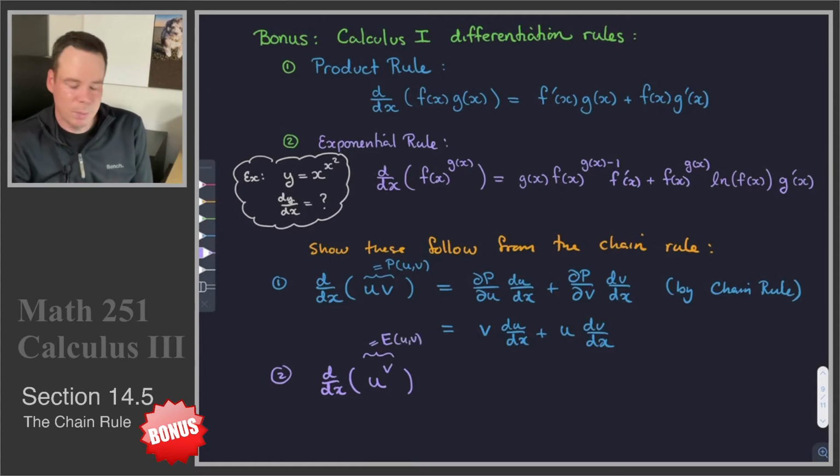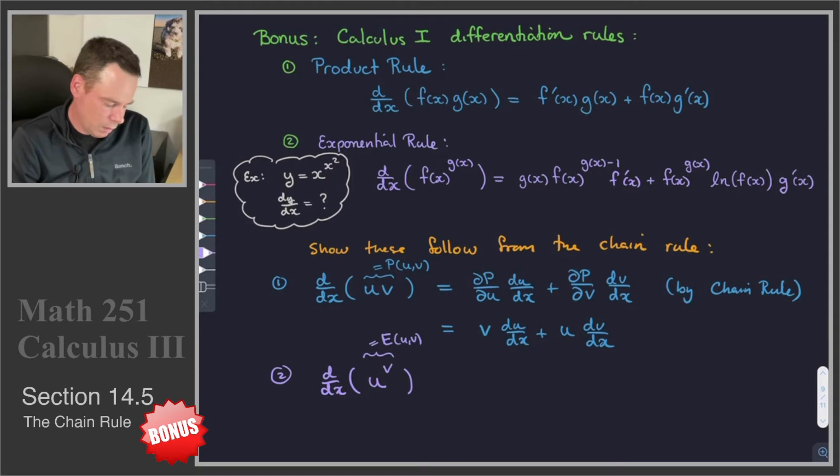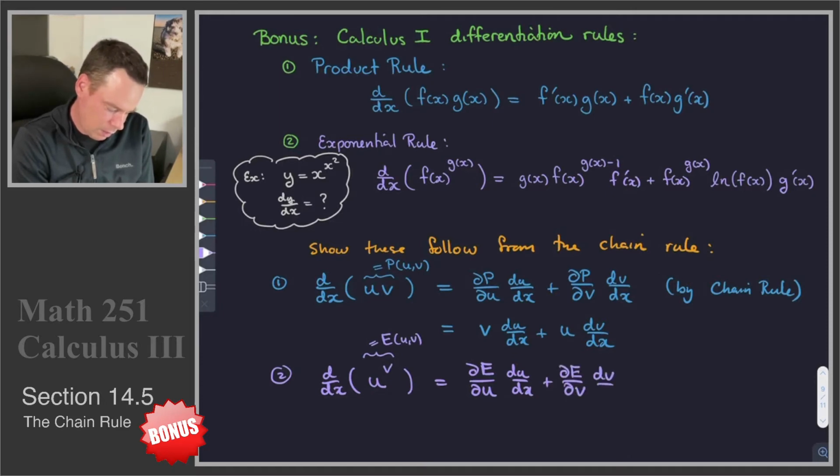Just like I used p above to represent the product of u and v, I'm going to use capital E to represent the exponent, u to the power of v. And so we're going to use the chain rule again. So this would be the derivative of E with respect to u times du dx plus the derivative of E with respect to v times dv dx. And that is by the chain rule.